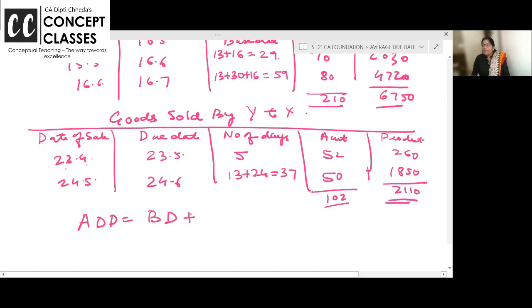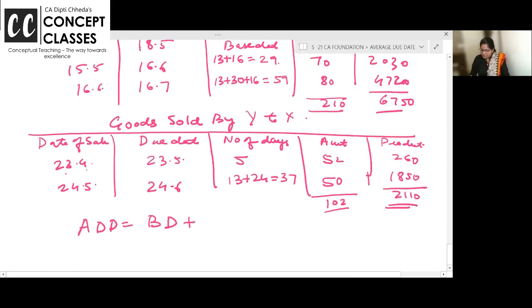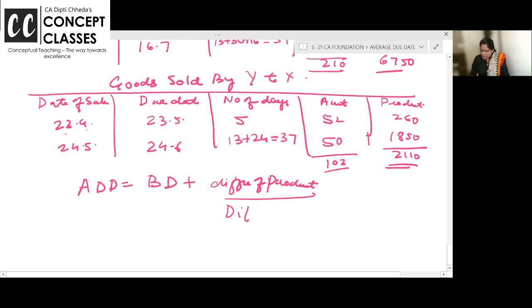Now, same average due date formula, dear students. Base date, but this time instead of total of product divided by total of amount, you will take the difference. Difference of product divided by difference of amount.